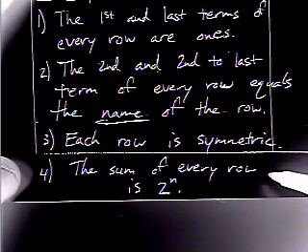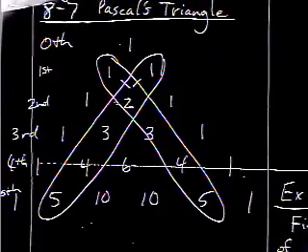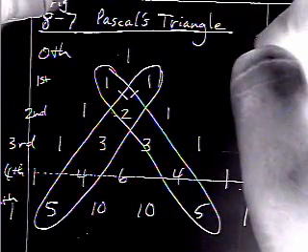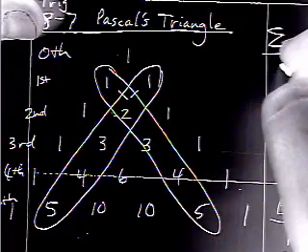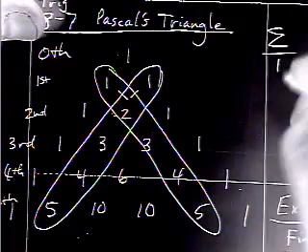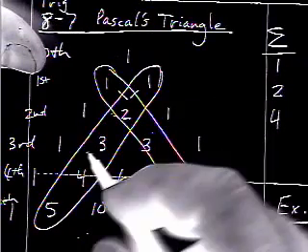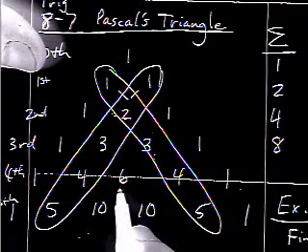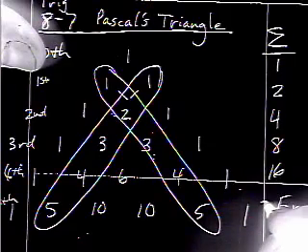Let's go back and take a look at that particular property. So if I come back up to Pascal's triangle, over here on the side, I'm going to put the sum. I will just use the sigma. The sum of the 0th row is 1, and 1 plus 1 is 2, and 1 plus 2 plus 1 is 4, and 1 plus 3 plus 3 plus 1 is 8, then 16, and 32.